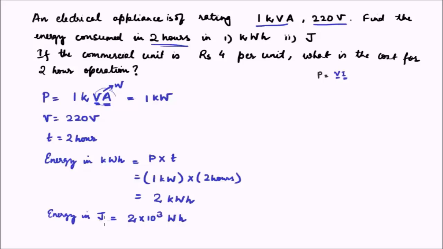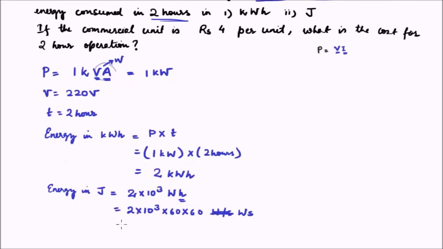Joule is watt second, power times second. So we need to convert the hour to second. 2 into 10 to the power 3, 1 hour is 60 minute times 60 second, and that gives me this many watt second, and watt second is joule.